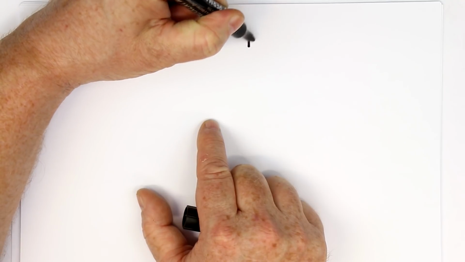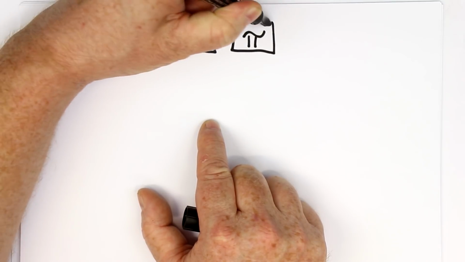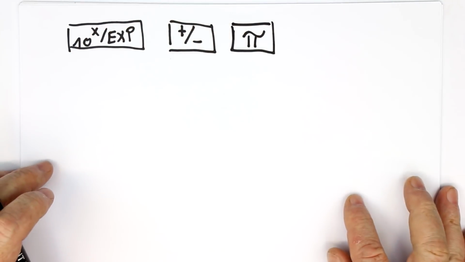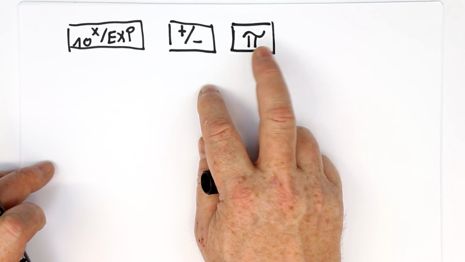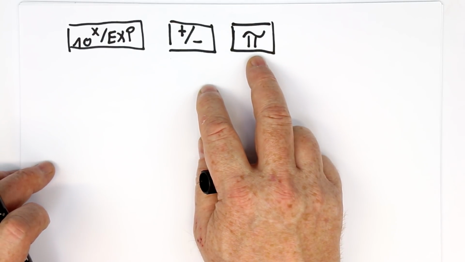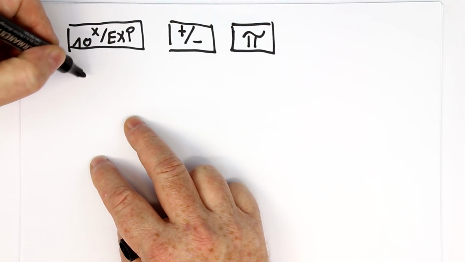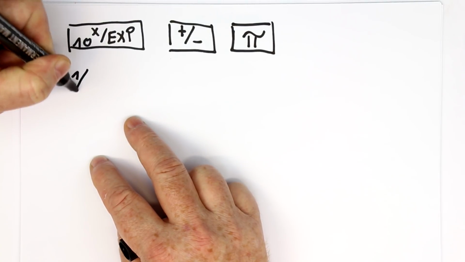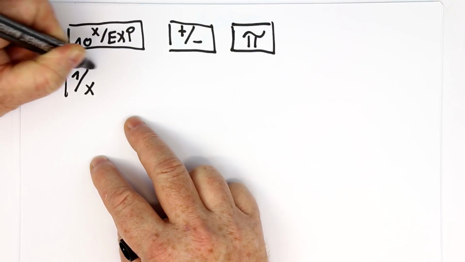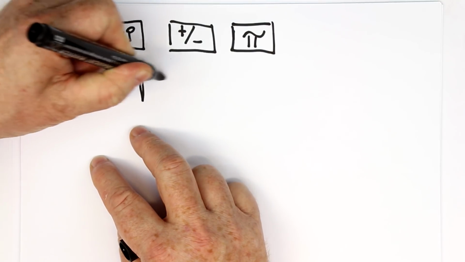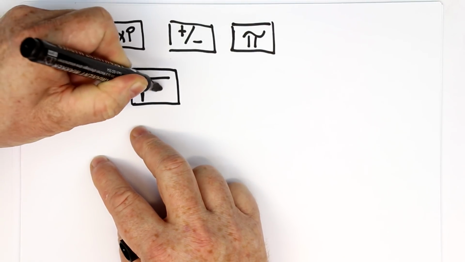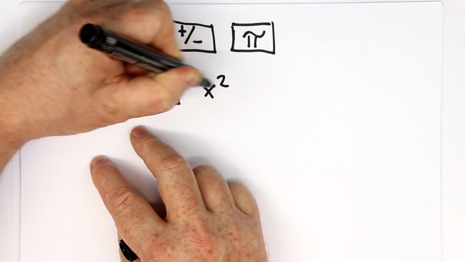And we need a direct key for the number pi, which is also not on every calculator. Then we have the basic algebraic functions like the reciprocal, the square root, and squaring.